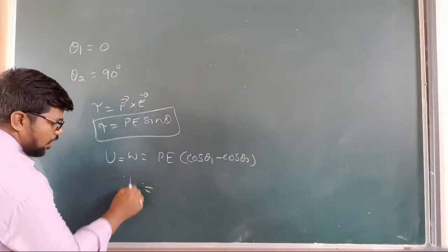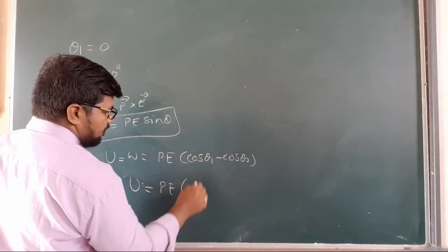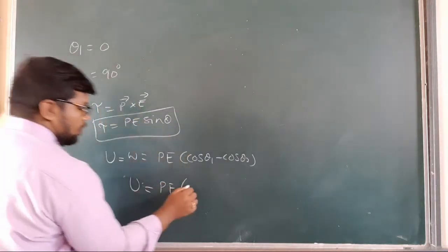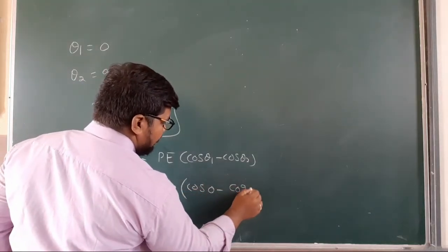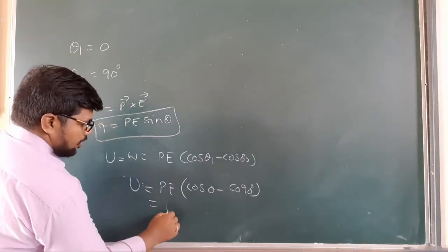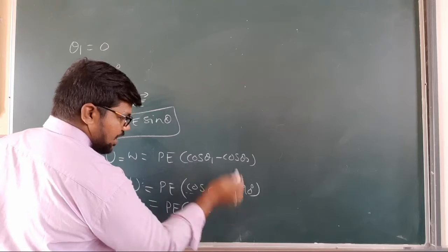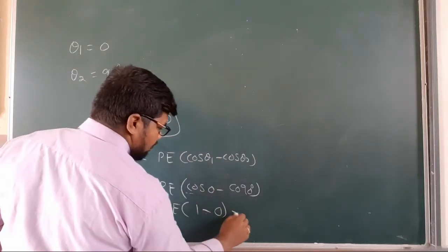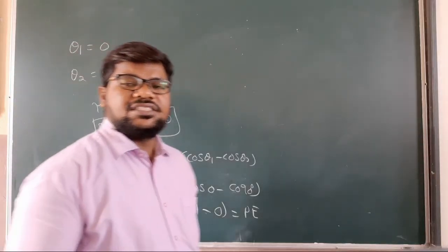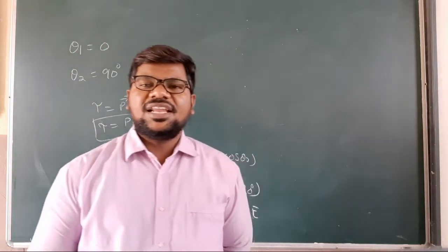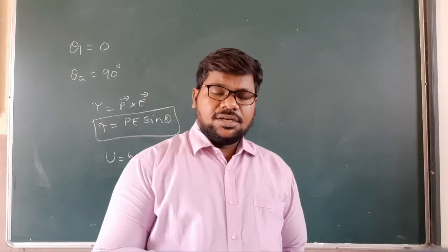In this case we substitute the values: PE is same, cos theta 1 is cos 0, then cos theta 2 is cos 90 degrees. So PE (cos 0 is 1 minus cos 90 is 0). So PE, the potential energy, is maximum. My children, in this case potential energy is maximum. It's clear, my children?